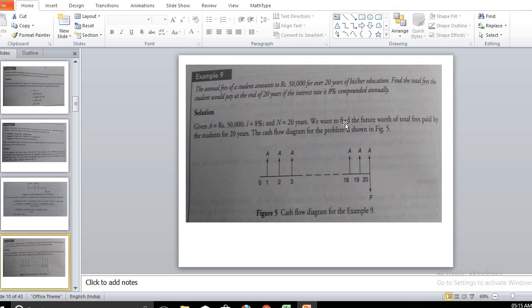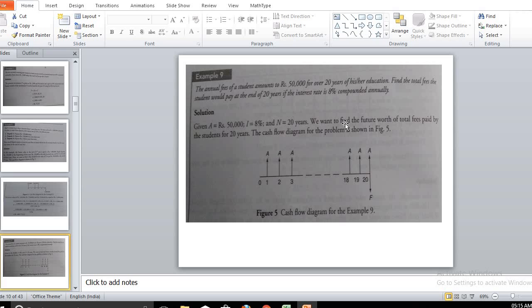These examples are based on this formula. Now this ninth example is based on finding the future value from a given annuity.